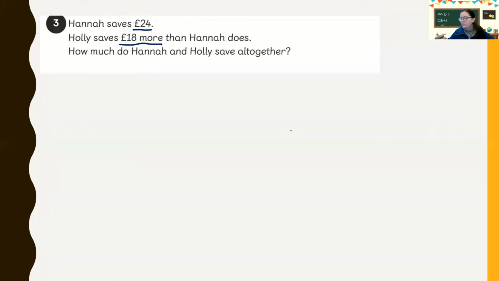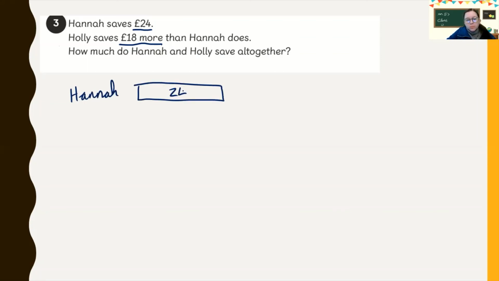Okay, so how did you get on with this one? So we knew that Hannah saves £24. And Holly saves £18 more. So she saves the same amount as Hannah plus £18 more.